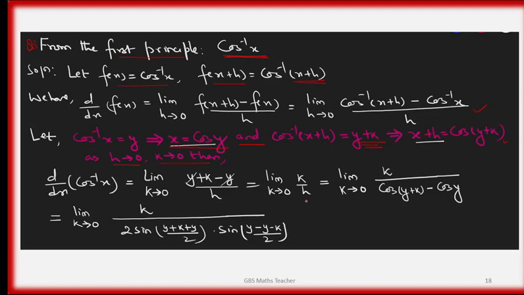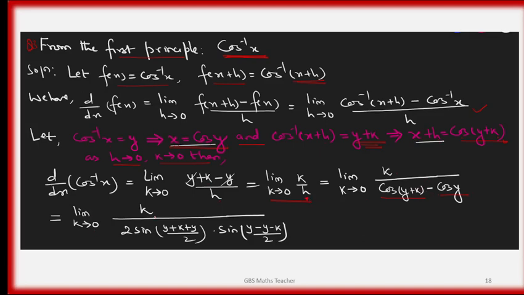The limit as k tends to 0 of k by h, it becomes this, and we have to find what h is. x plus h is cos(y+k), and x is cos y, so h is cos(y+k) minus cos y. We keep the value of h here.